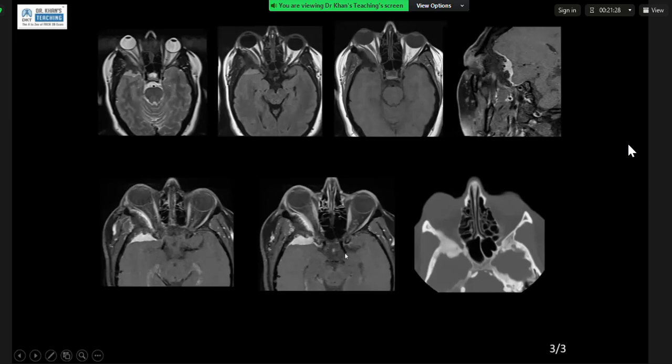So I'm suspicious that this could represent a meningioma, a plaque meningioma. So what happened?